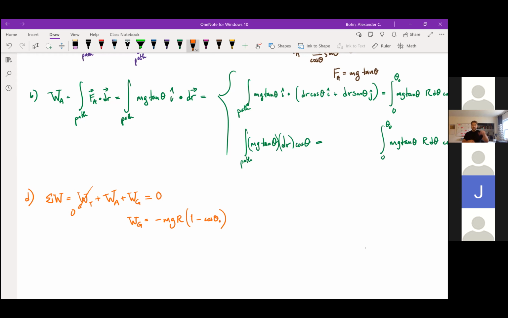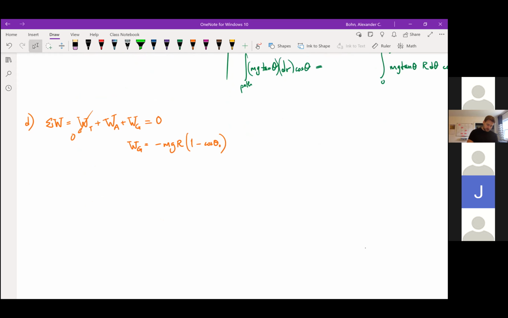And when we integrate a negative over some path, we're going to end up with a negative result, like we do. Okay, so that's an argument from what we think the net work needs to be equal to. What if we did it for real?